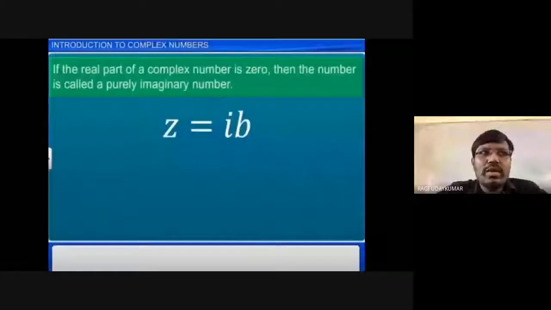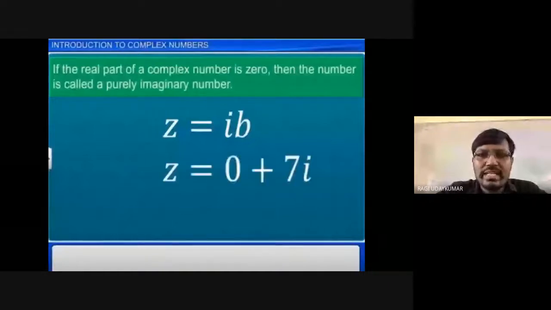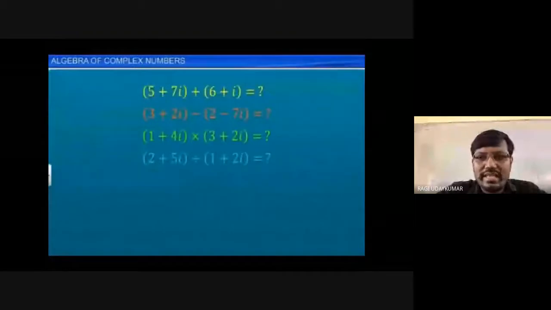So here, whenever the real part of the complex number is 0, it is called a purely imaginary number. If the real part of a complex number is 0, then that number is called a purely imaginary number. For example, z equals ib, z equals 0 plus 7i.